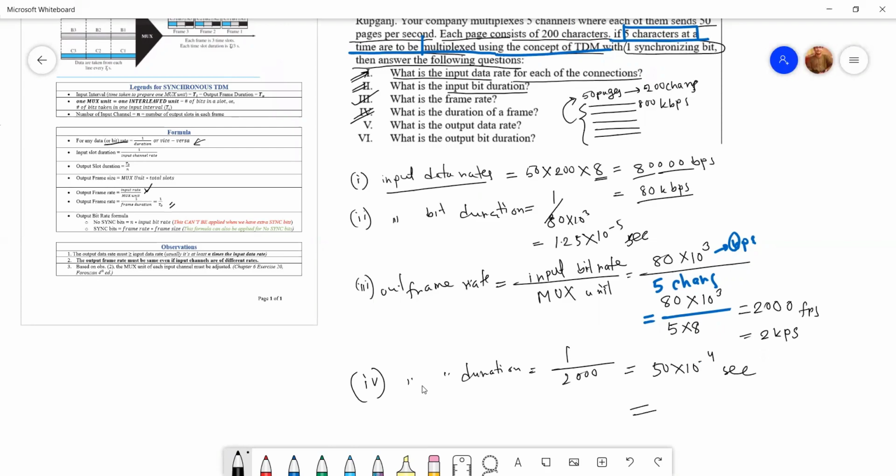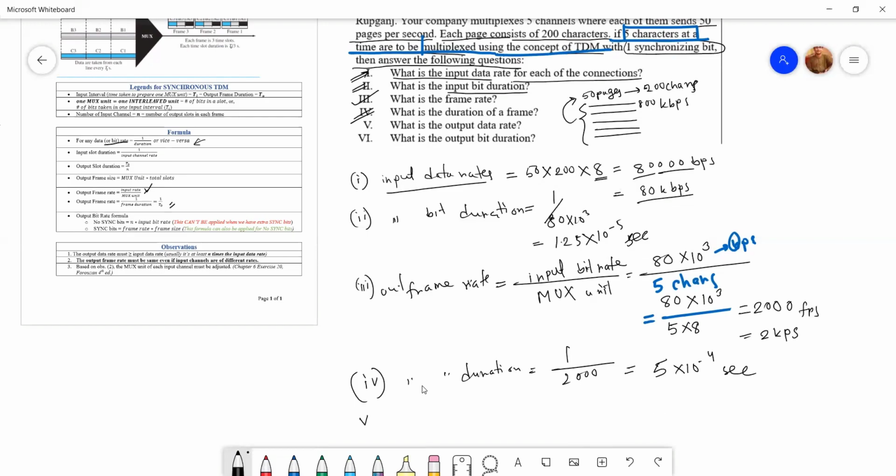Sorry, this is going to be 5 into 10 to the power minus 4. Or you can also say this is 500, so you can convert it to 500 microseconds.